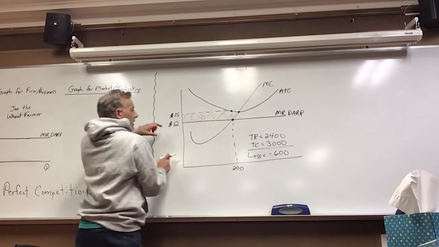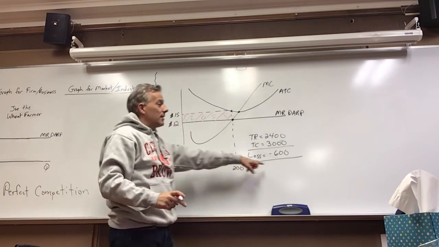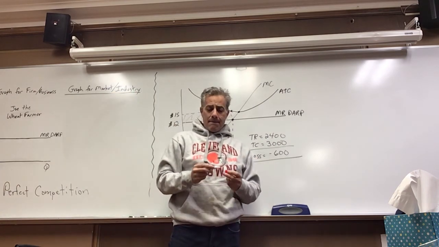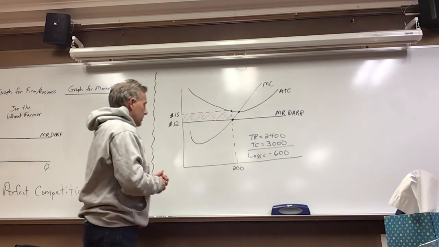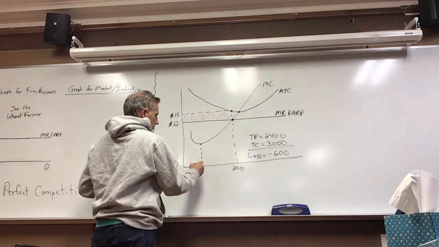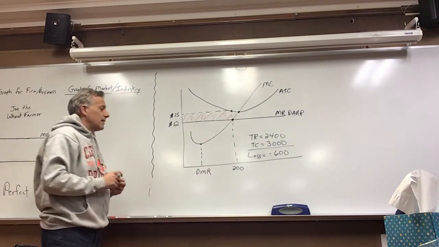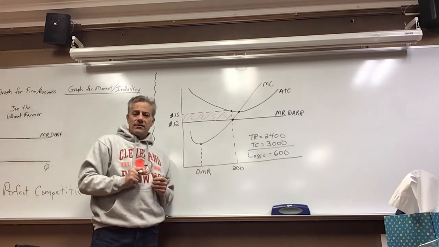And I could also calculate the loss. 15 minus 12 is $3 of loss per unit times 200 is $600. Okay? And our quantity of diminishing marginal returns is right here. Okay, the lowest point on the marginal cost curve.